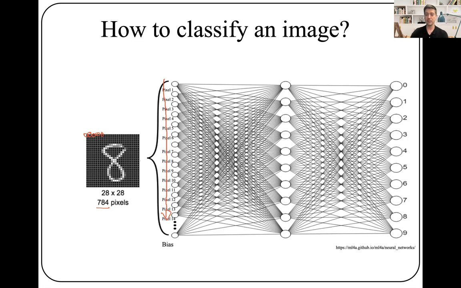So you can think of it as converting this 2D array into a 1D vector. And then we're going to add, of course, the bias to this vector. So that's going to give us 785 inputs.